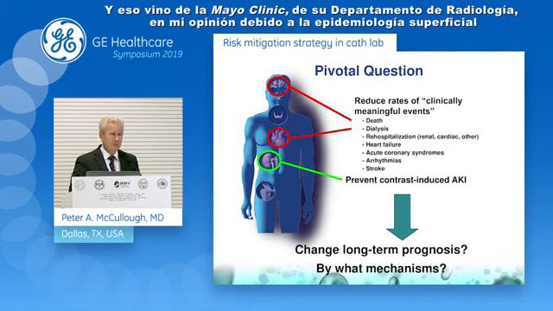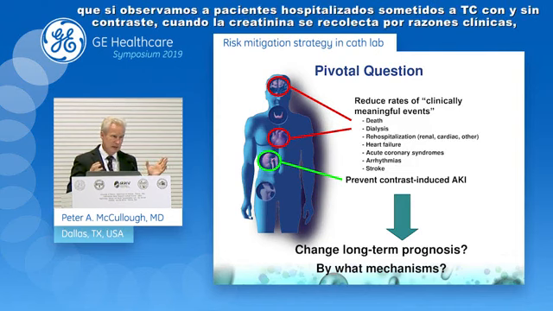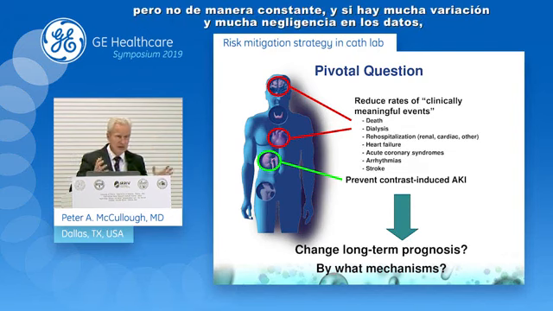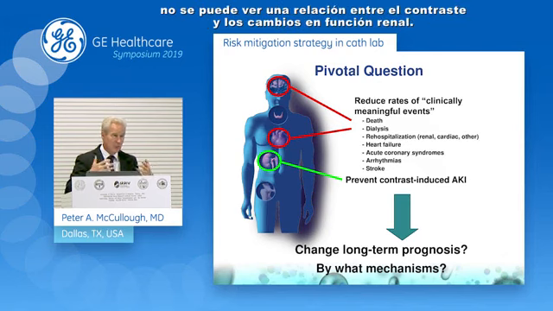And this came actually from the Mayo Clinic and from the Department of Radiology, in my view, through some sloppy epidemiology. That if you look at hospitalized patients and you look at patients undergoing contrast or non-contrast CTs, where creatinine is gathered for clinical reasons, but not in a consistent way, and you have lots of variation and lots of sloppiness in the data, one cannot see a signal, if you will, of contrast and changes in renal function.